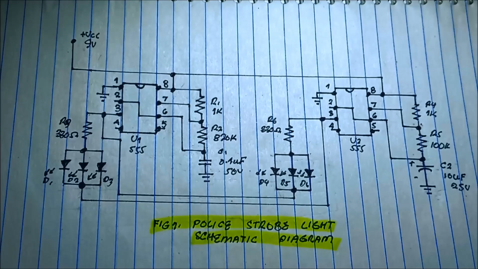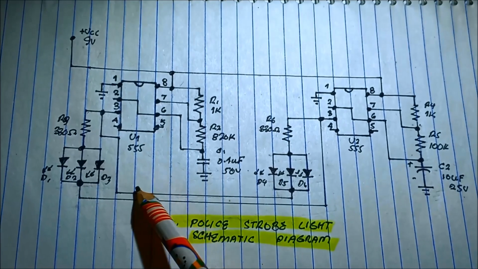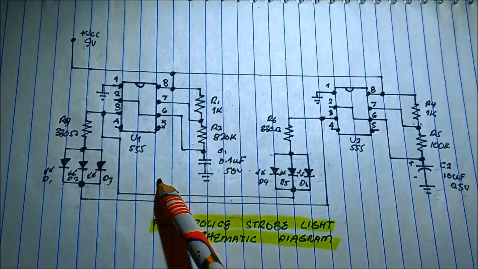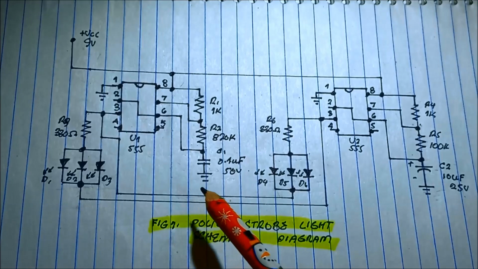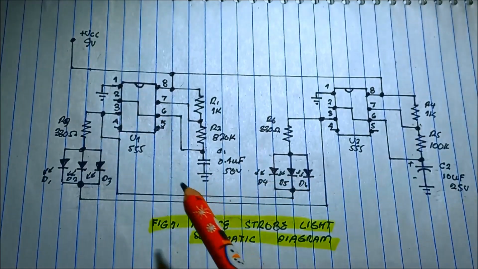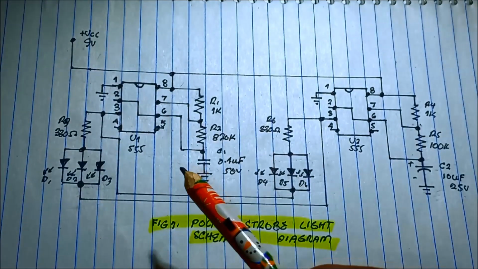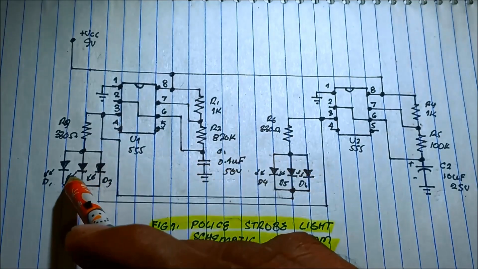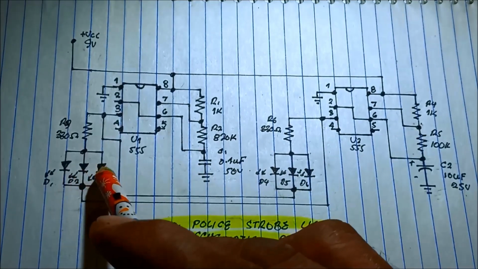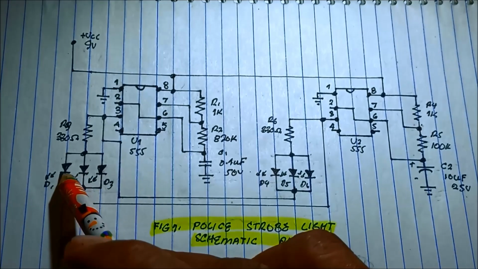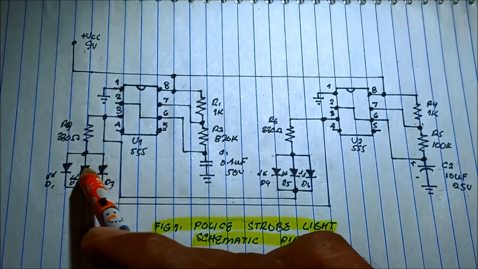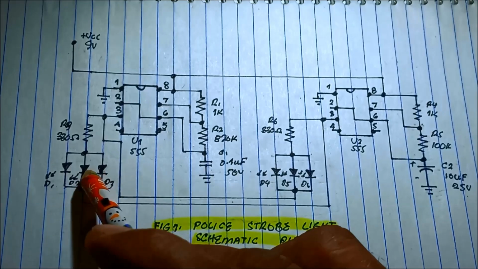So what is the function of this first oscillator? It serves as the flickering of the LED. As you can see in the demo, in our test, there is a continuous flickering.